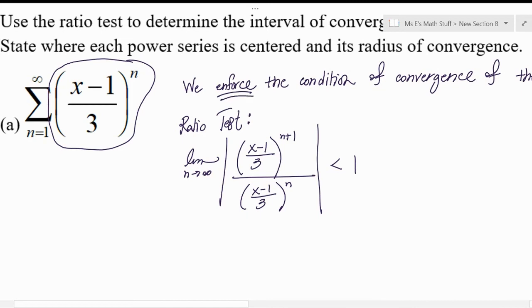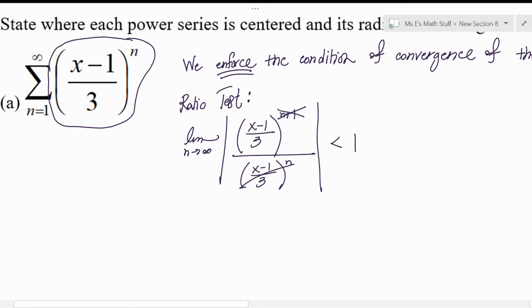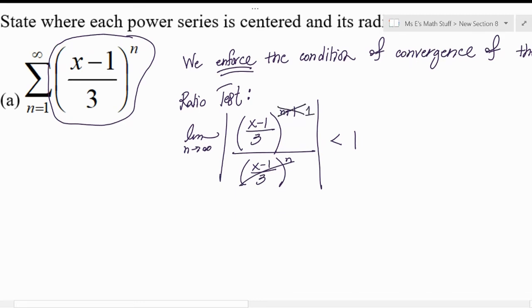Okay? And this is what you do when you're using the ratio test to find an interval of convergence. Okay, next thing is you simplify as much as you can. And I say let's just cancel as much as we can. So x minus 1 over 3 to the n can cancel out, and you'd be left with just one of them on the top. And so I'll just replace that with 1.